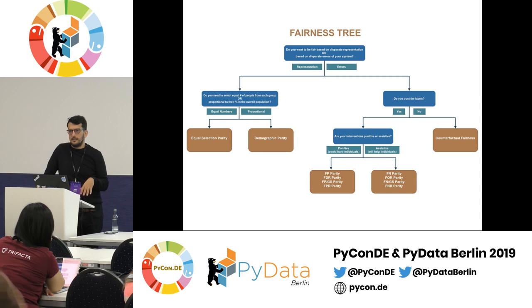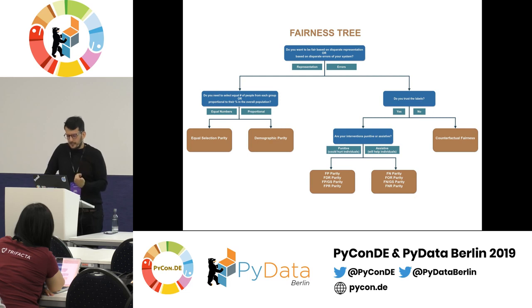Demographic parity here means that, based on some definition of a population, and the population can be, once again, the city, the country, the state, if there are 60% from group A and 40% from group B, you pick for intervention 60% from group A and 40% from group B. And this is demographic parity.